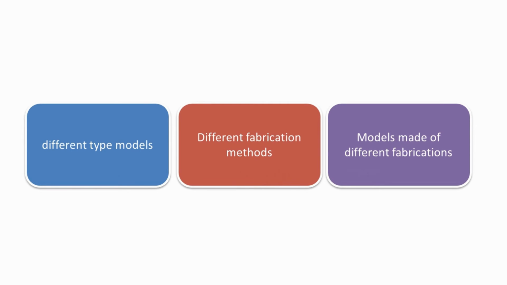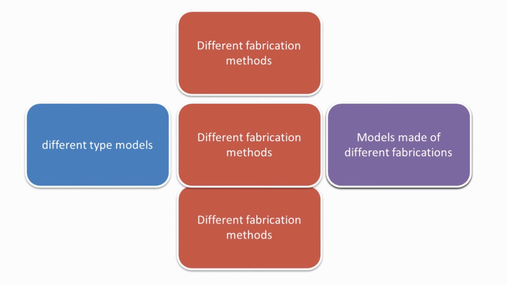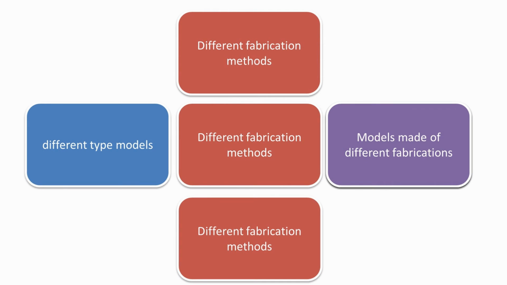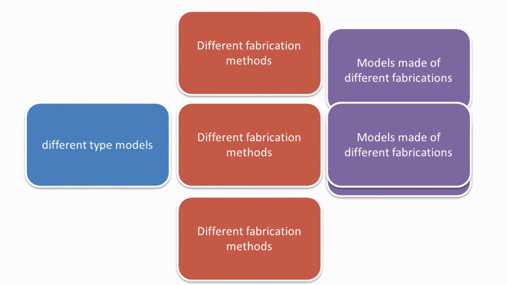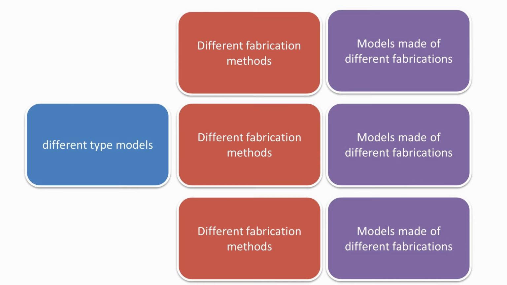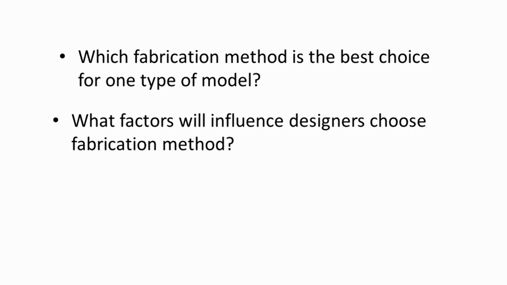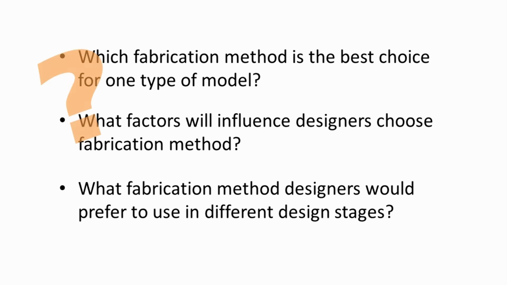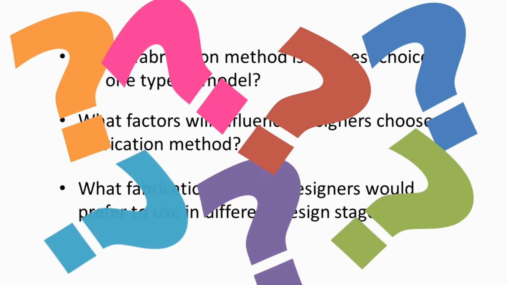In this study, the type of model is quantitative and the variable is fabrication methods. Using different fabrication methods to build one type of model leads to different design outcomes. Each design outcome can show the feasibility of the corresponding fabrication method. 3 questions about the relation between fabrication and design outcome will be answered in this study.